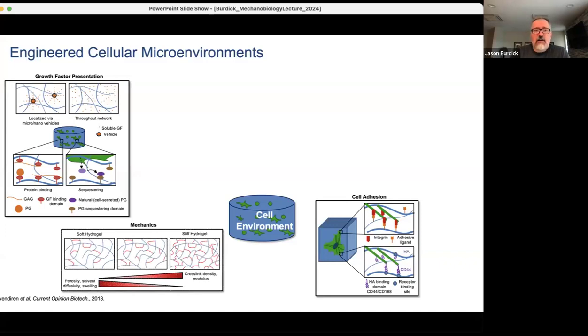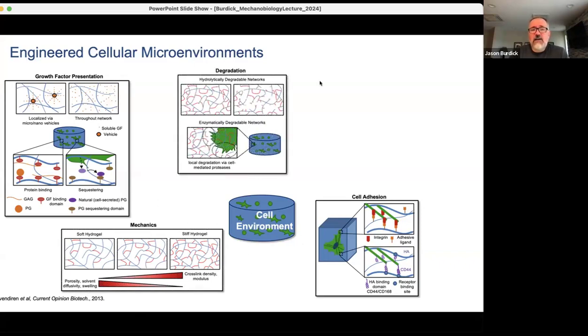Things like mechanics, we can change things like the cross-link density of these hydrogels, but there's, I think, a lot of types of mechanics that I'll mention are important. Degradation, again, I'll go through this a little bit more, but whether it's a material that just slowly degrades away in the presence of water, or whether you introduce maybe a mechanism where cells can then, maybe cell surface enzymes like matrix metalloproteases can break down that material.